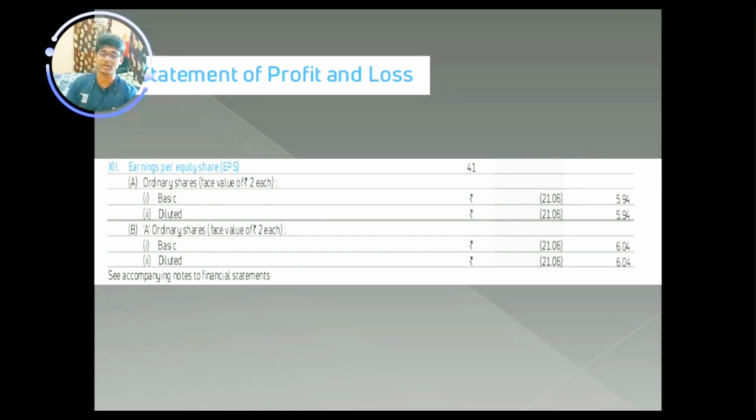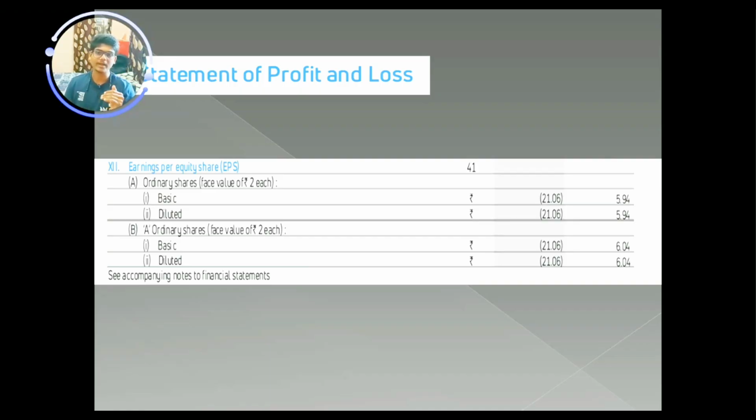This is the statement of profit and loss of Tata Motors Limited. In this, number 12, earnings per equity share, EPS, says that there is an ordinary share, basic and diluted. You just have to understand what is basic and what is diluted.